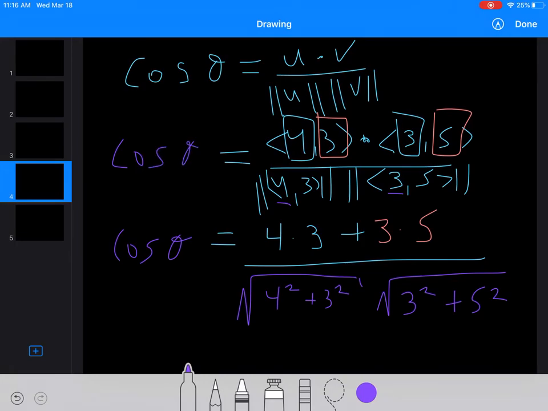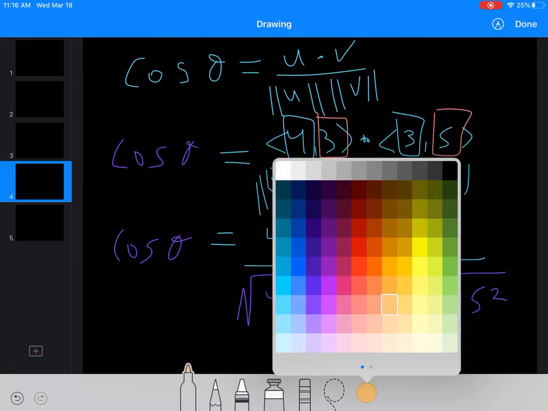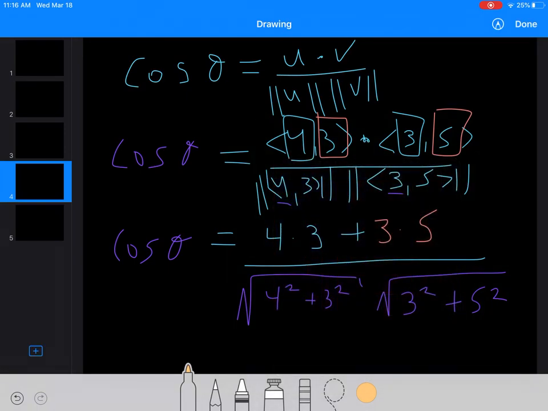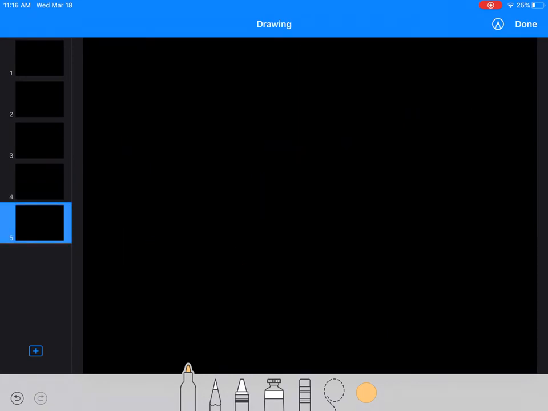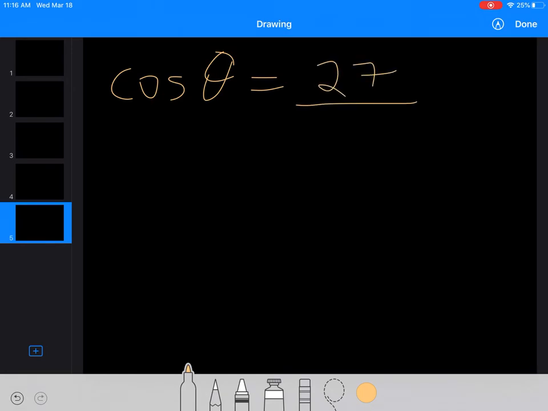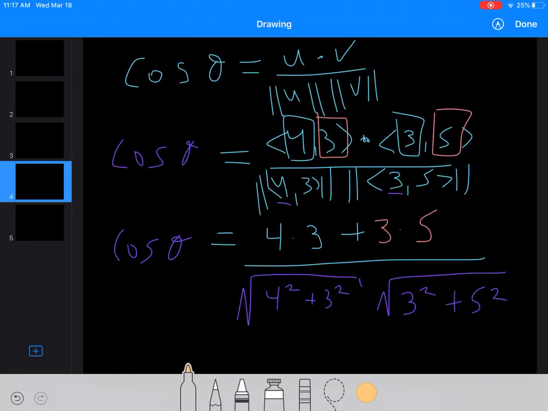All right, so now we just have to do some algebra to simplify this up a little bit. So the top is going to be 12 plus 15, which equals 27. Now the bottom, let's work on this one a little bit.